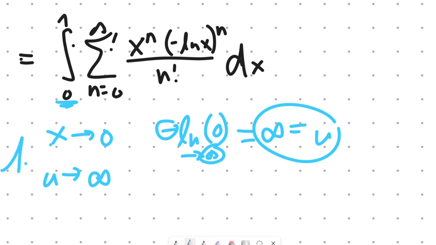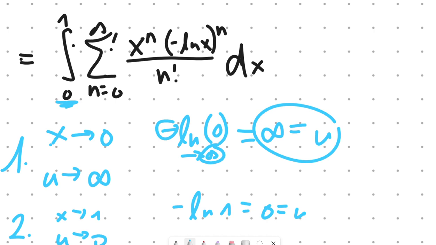This is the first condition. The second boundary, which is 1, is when x approaches 1. Negative ln 1 is just 0, so u will just approach 0. So we just go from infinity to 0.